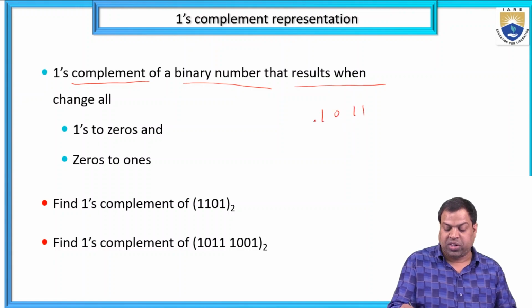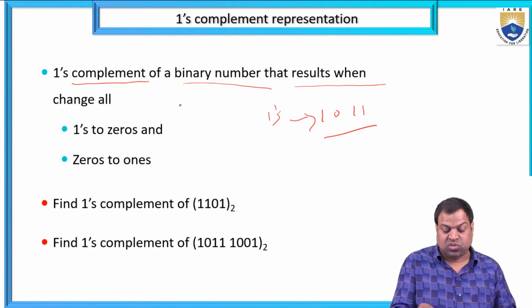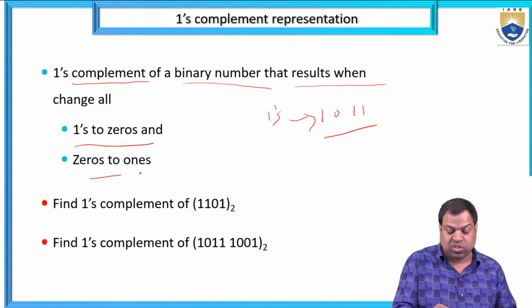Take 1011. Is it binary? Yes, it is binary. So what is the 1's complement of this binary number? The result is obtained by changing 1's to 0's and 0's to 1's. Here it is 1, it converts to 0.